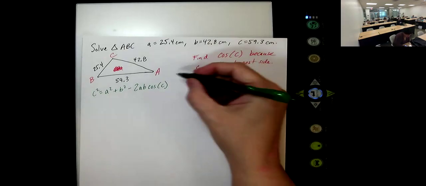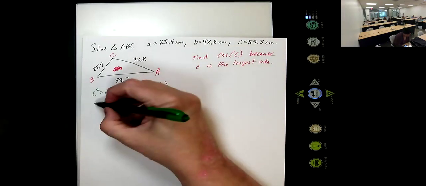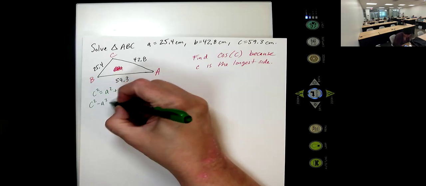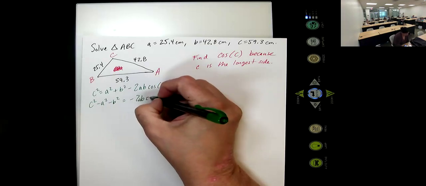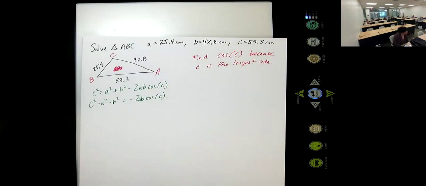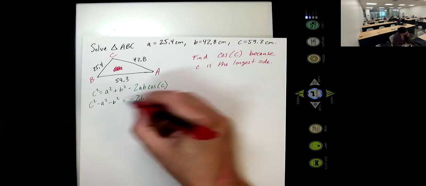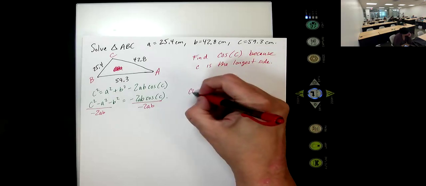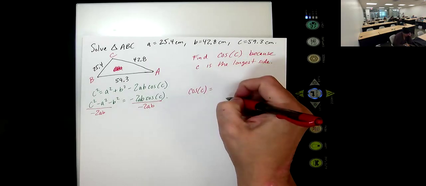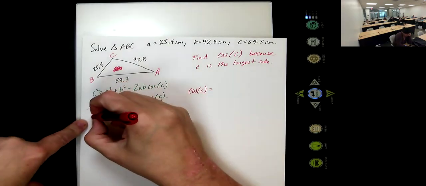If you want to do it all as one calculation, I can subtract over A squared and B squared, subtract them from both sides. And then if I divide both sides by negative 2AB, I can isolate cosine C. And I don't wanna have a negative on the bottom, so I'm just gonna change all the signs on top.